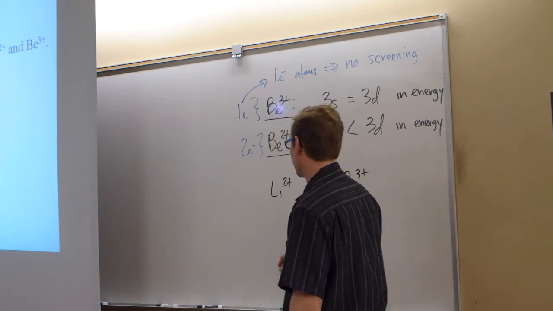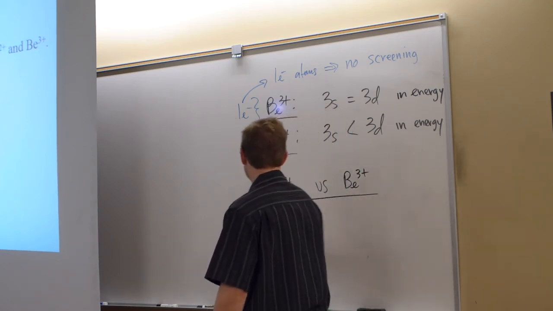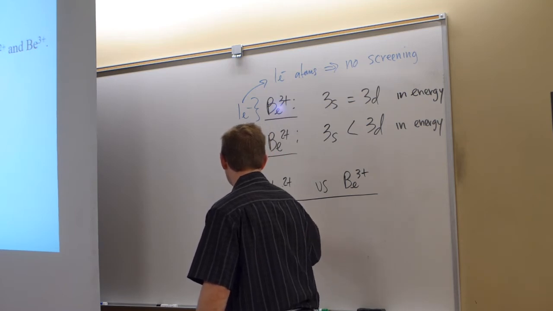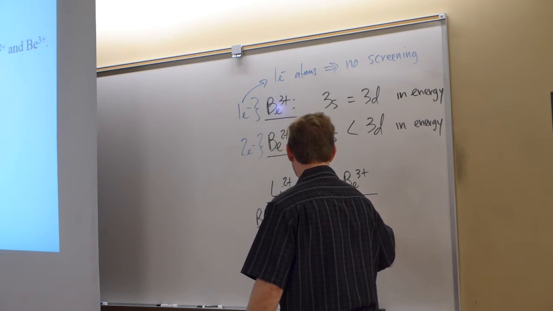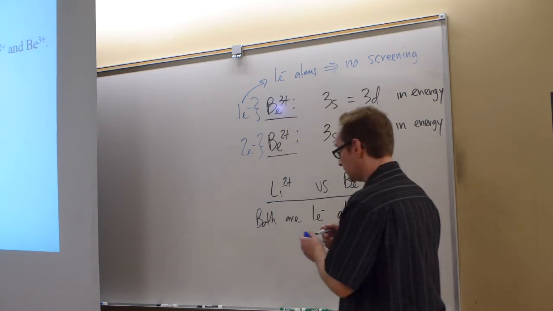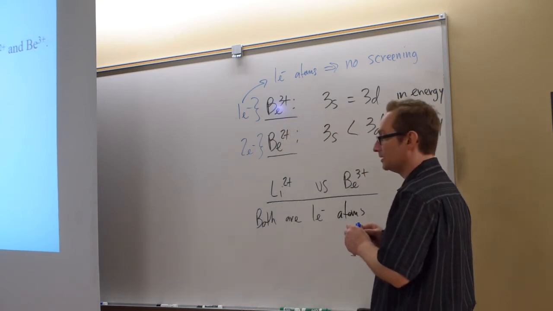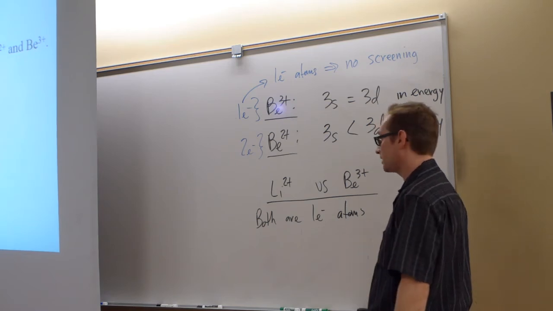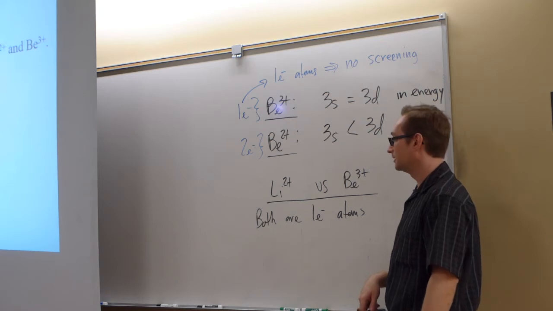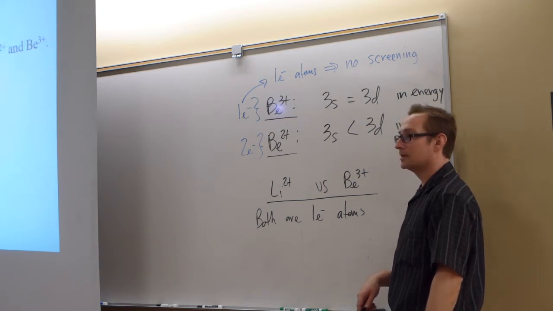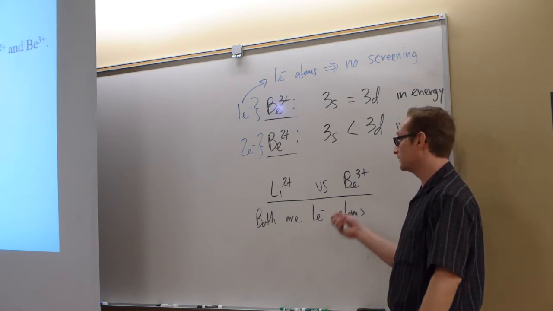They're both 1 electron atoms. So if they're both 1 electron atoms, we're just talking about the 2p in each. So what's the difference between them then? They have the same electrons, but what's the difference between them?